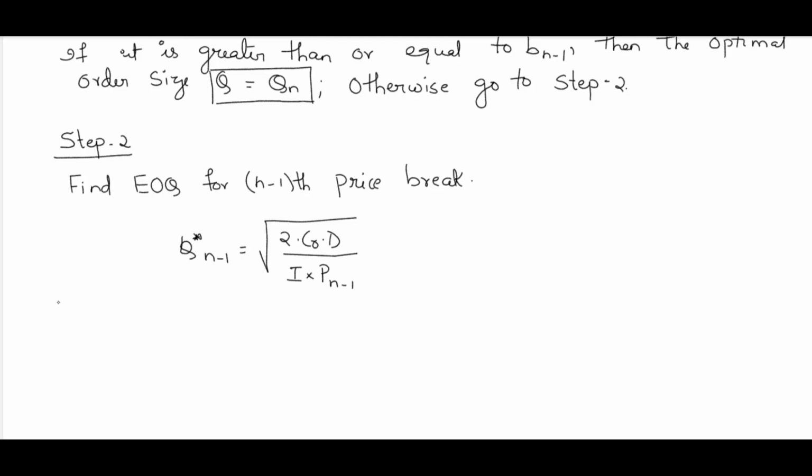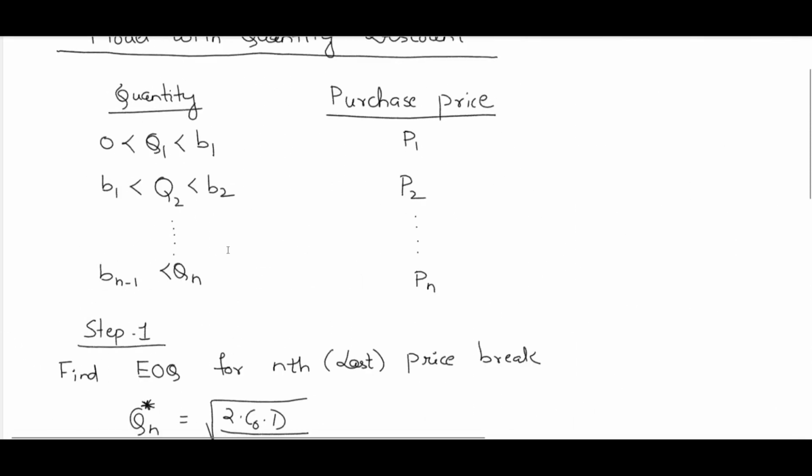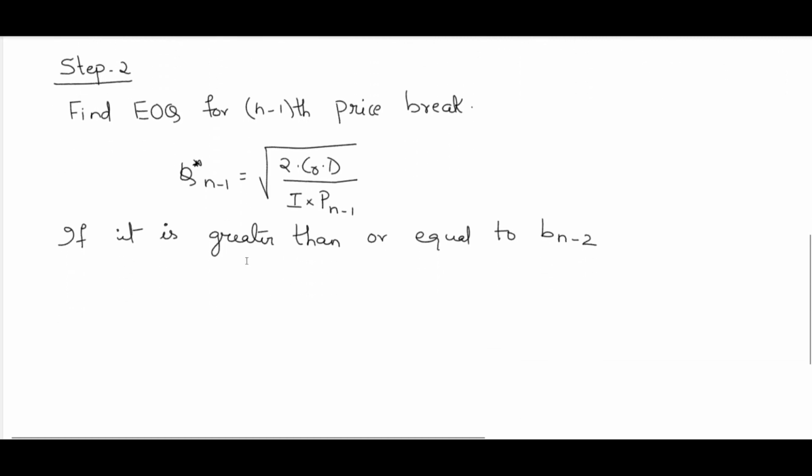You will compute again: if Q star n minus 1 is greater than or equal to B n minus 2, you see, in the second case it will be B n minus 2, then compute the following.